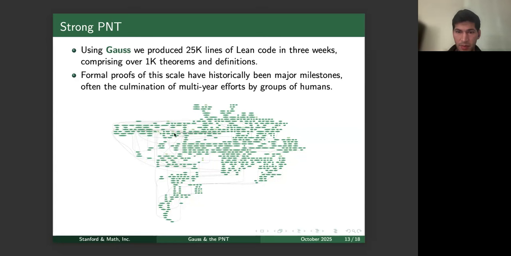And here we can see a more detailed dependency graph of, I think, on the order of 70 statements of lemmas and definitions. And you can see that in particular, all the nodes are green. And if you squint, you can see some lighter green square boxes, which correspond to definitions.